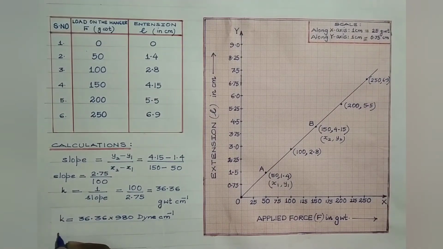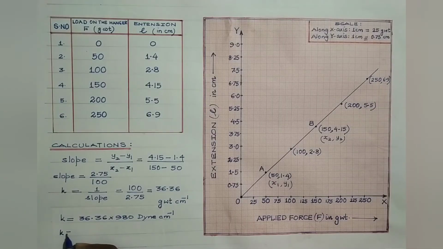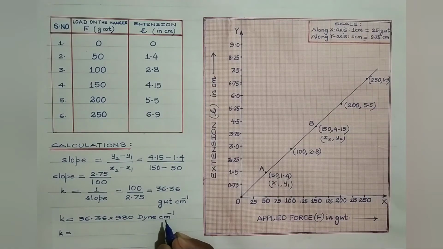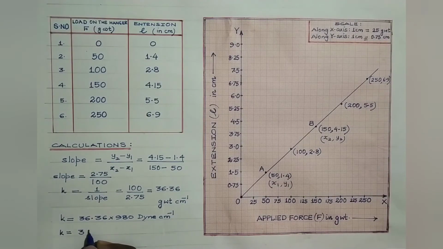Now as stated earlier, in order to convert this dyne into Newton, we need to multiply it by 10 raised to the power minus 5, since 1 dyne is 10 raised to the power minus 5 Newton. On solving 36.36 multiplied by 980, you will get 35,632.8, multiplied by 1 dyne which is 10 raised to the power minus 5 Newton.